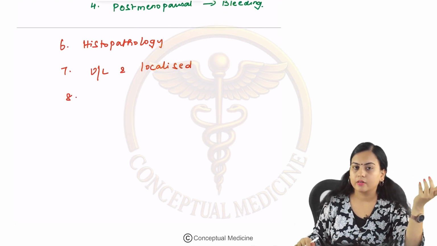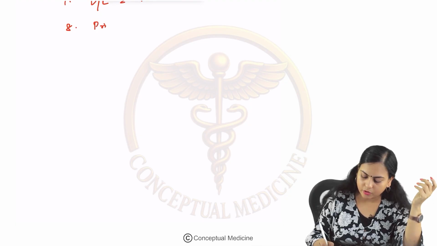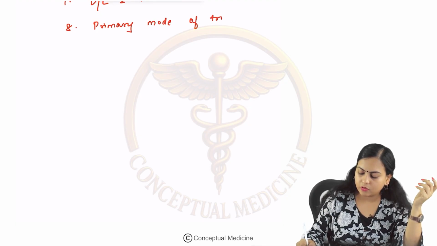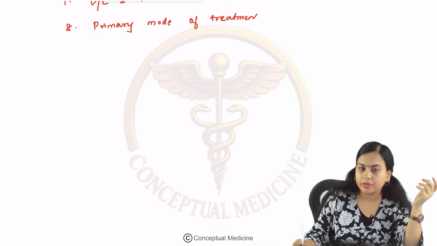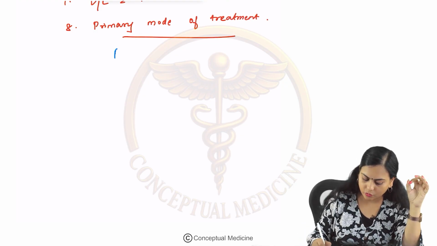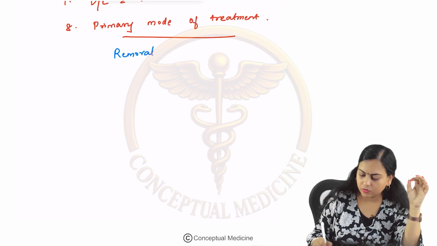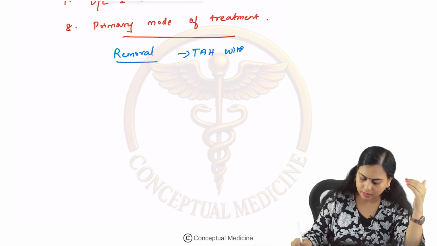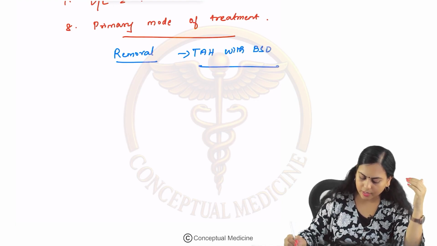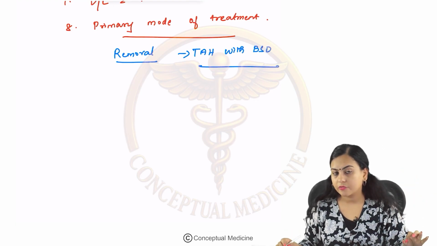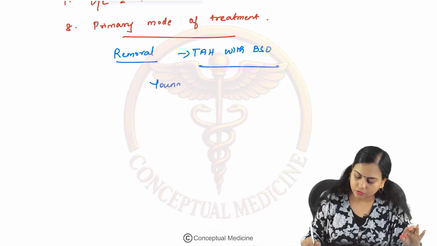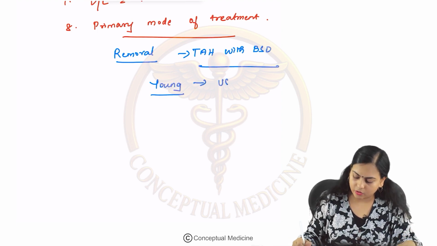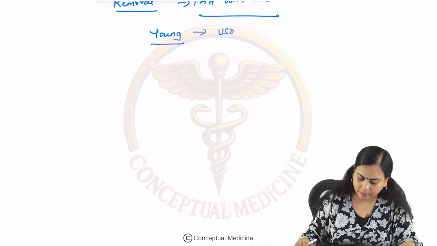So, what will be the primary mode of treatment? What will you do? Very good, you will go for removal. You should offer a complete surgery, that is total abdominal hysterectomy with bilateral salpingo-oophorectomy if they have completed their family. And in young patients who want to retain their fertility, you can even offer unilateral salpingo-oophorectomy alone.